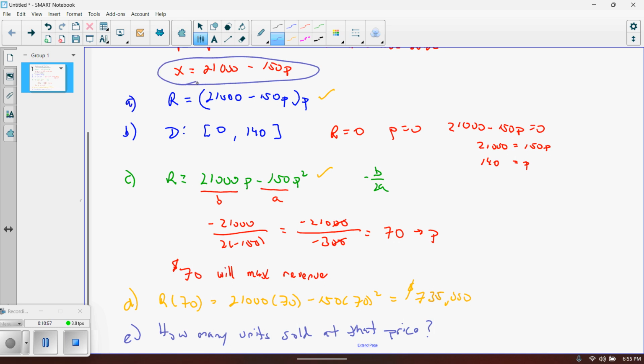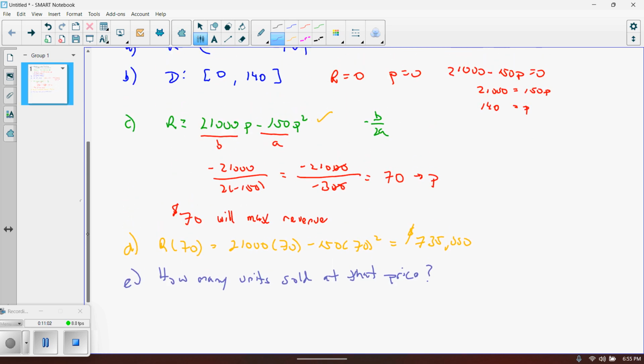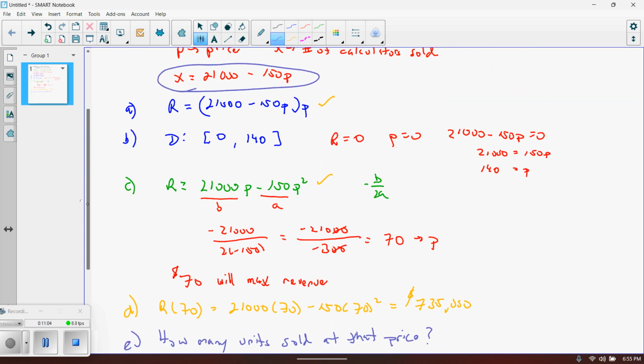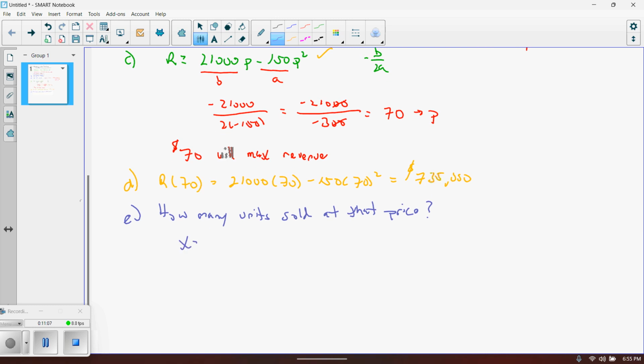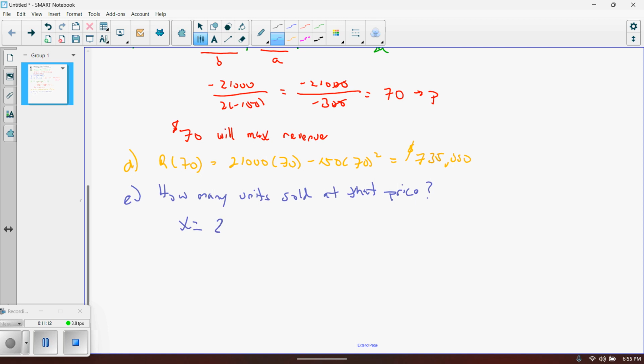That was basically the expression that they told us the number of units. So at the price of $70, we are simply going to plug that into the X thing, which was, scrolling back up, 21,000 minus 150p. 21,000 minus 150, and the price was $70. So you would go ahead and plug that stuff in there, and you would get that the number of units in this case, work this out to be 10,500 units sold.